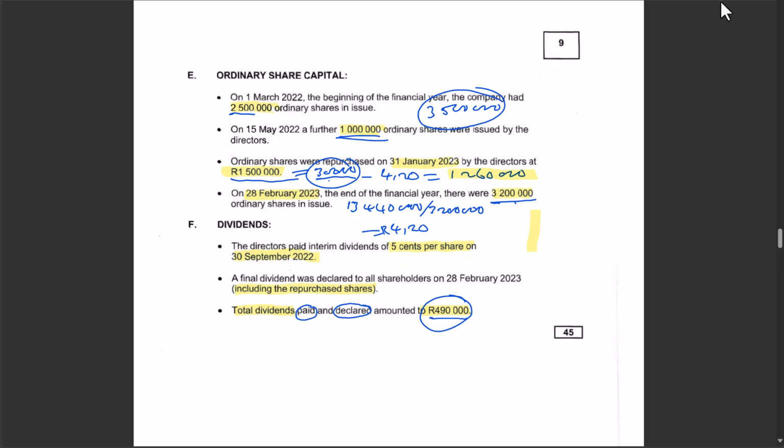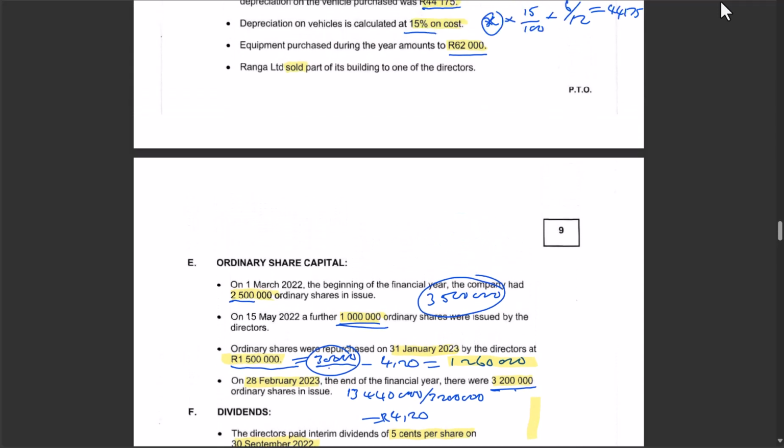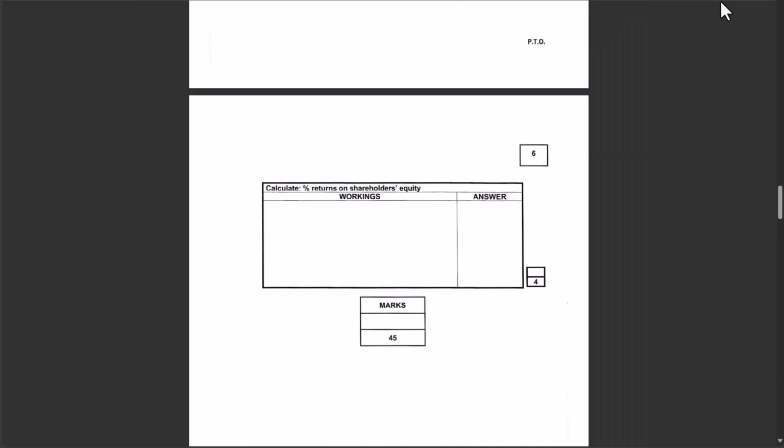So in this question, the formula for percent return on shareholders equity is profit after interest and tax, divided by average shareholders equity.